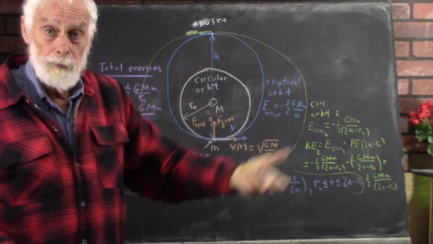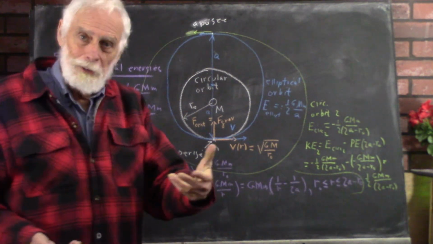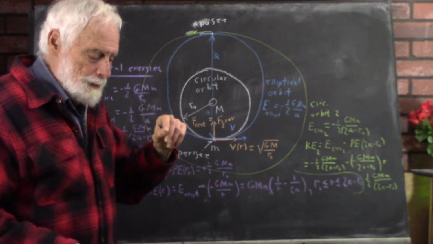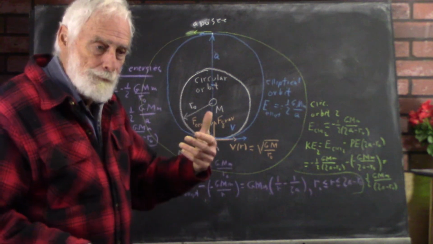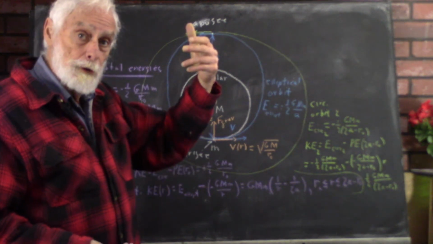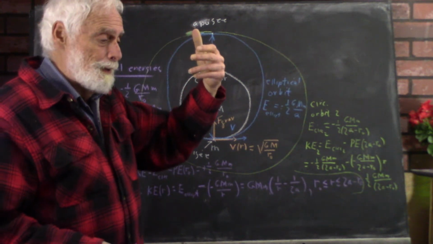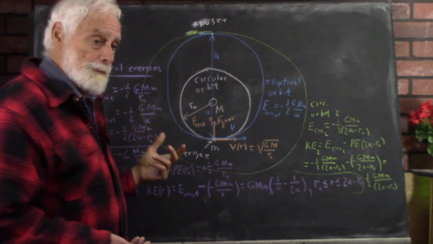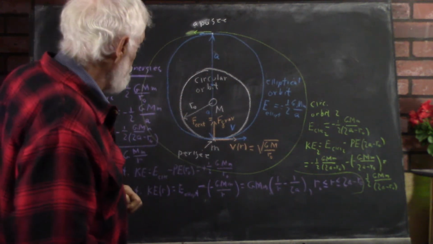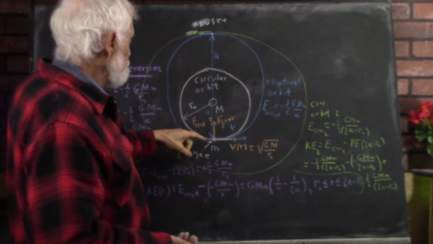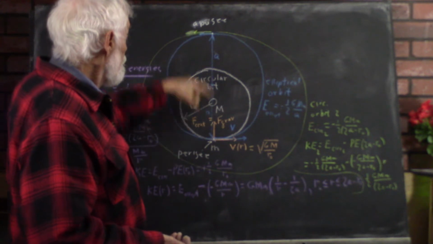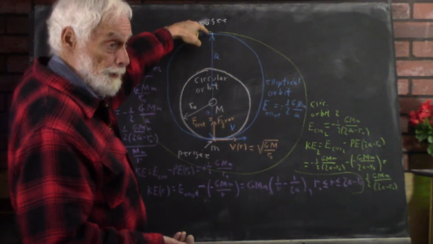So if you're driving around space, or more realistically, because you don't drive anyway, if you're orbiting a planet in a circular orbit and you want to achieve another circular orbit, the simplest way to do that, maybe not the most efficient, maybe not the quickest, but the easiest to understand, is to simply boost yourself into an elliptical orbit that takes you out to the distance you want to be from the planet.